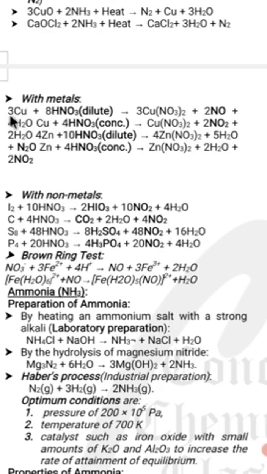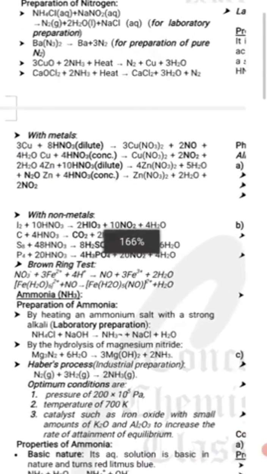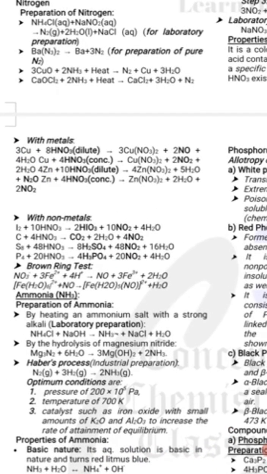These two elements are copper and zinc. Nitric acid reacts with copper differently. If we take dilute acid, then a different product is formed, and if we take concentrated HNO3, then a different product is formed. Let me explain that.